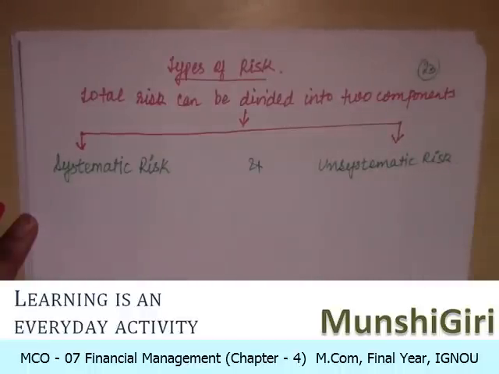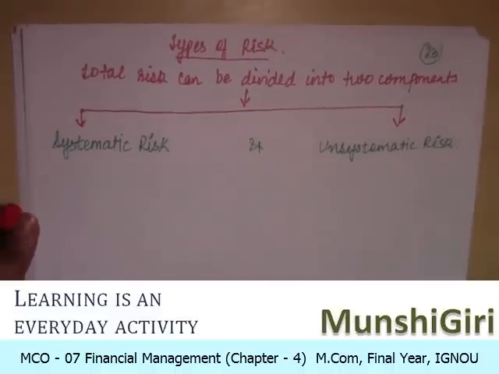Now, systematic risk is the risk caused by factors external to the investors.